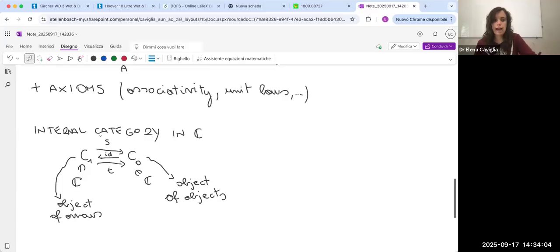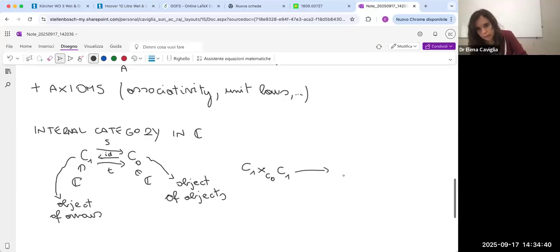And all these arrows S, identity, and T are arrows in C. And what's missing to have a category is also composition. The way to encode composition is as an arrow. I have these two arrows, source and target, from C1 to C0. So I can now compute the pullback of source and target, and it is this pullback I'm writing here.